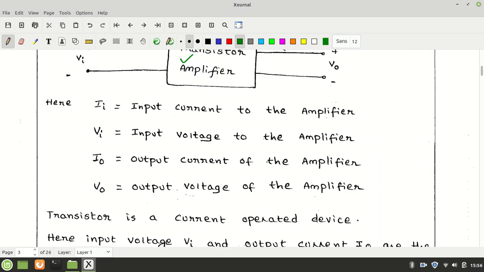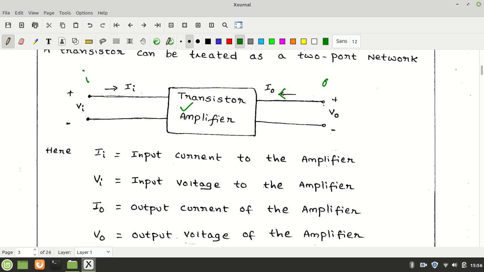Why? Because you can see VO is the potential difference between 2 points, this one and this one. If they are short circuited, that is a wire is connected between them, then the 2 points will be of the same potential and then VO should be 0. So potential difference 0 means those 2 points are short circuited, and current 0 means that point is cut, that is open circuited.